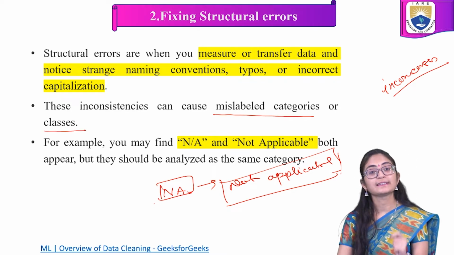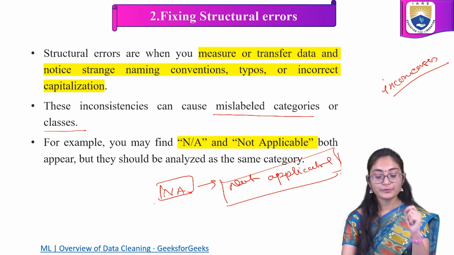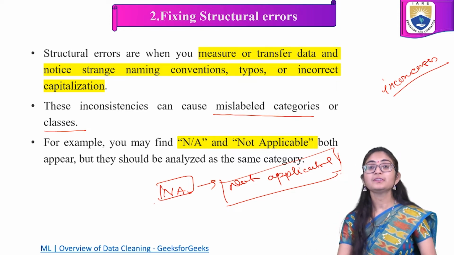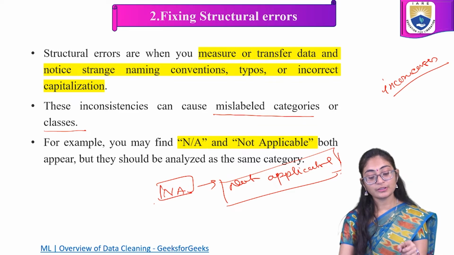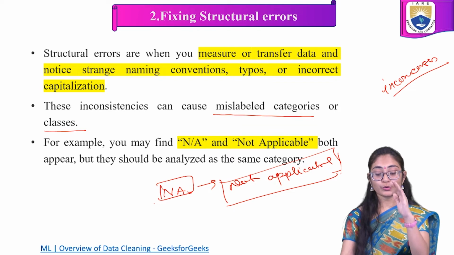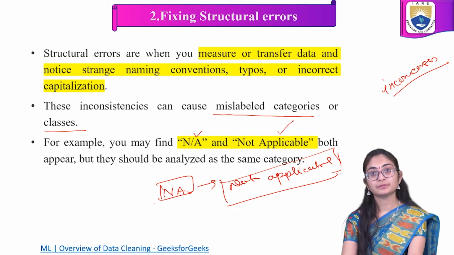For example, if you find both "N/A" and "not applicable" appearing in your table, then they should not be analyzed as the same category. So you have to keep either "N/A" or "not applicable".